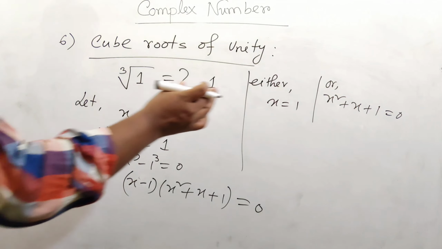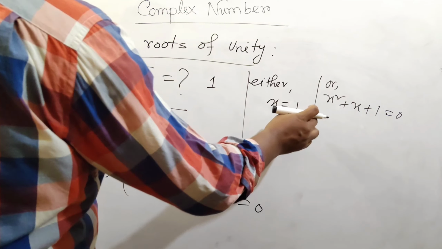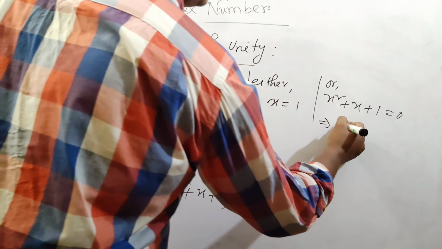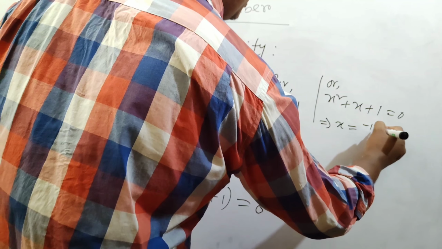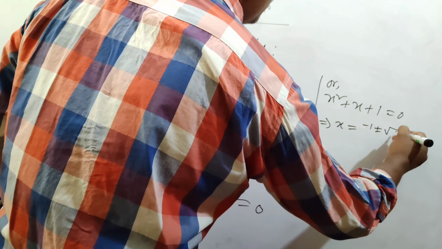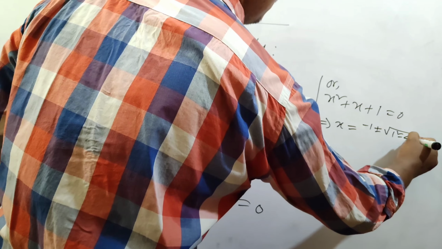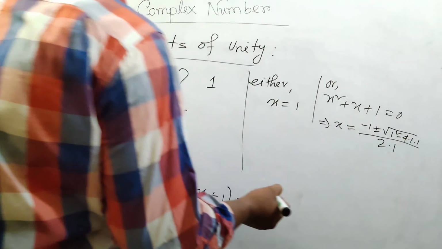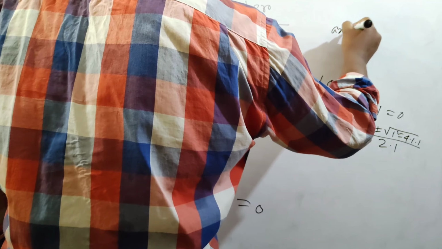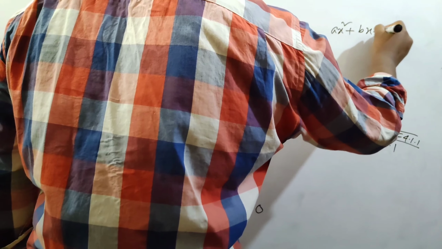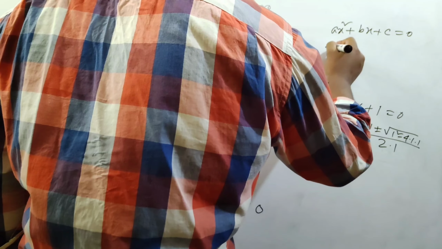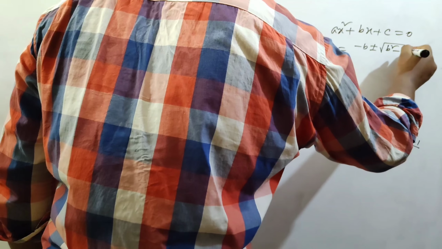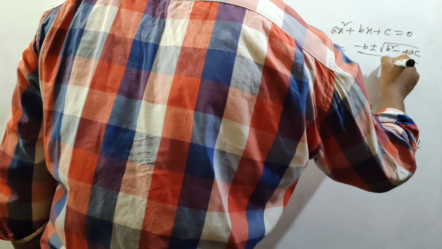So here we just use this value normally, but what is the value of this? Now using the quadratic equation you can easily find it. So x equals negative b plus minus root over b square minus 4ac divided by 2a. Can you remember this formula? This is the quadratic equation.